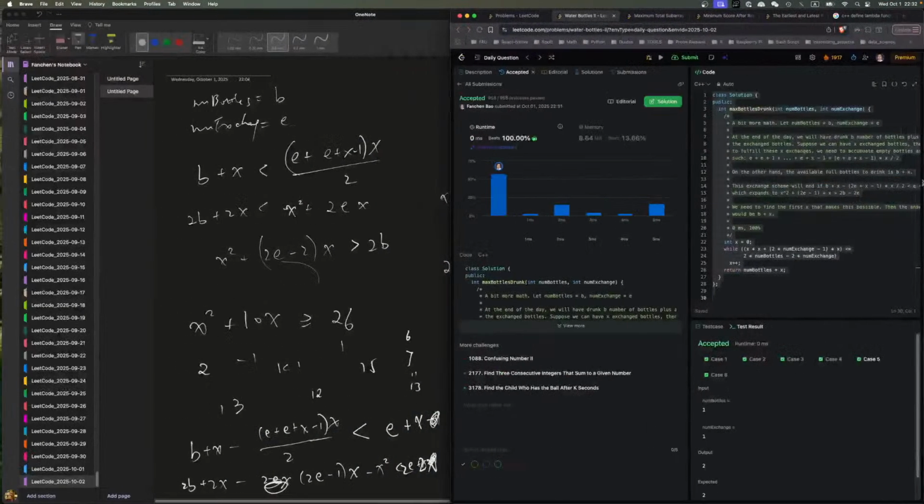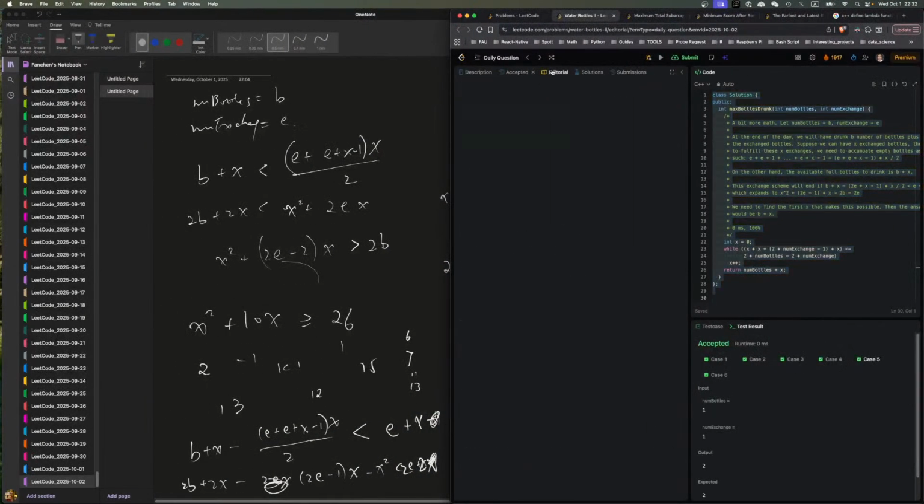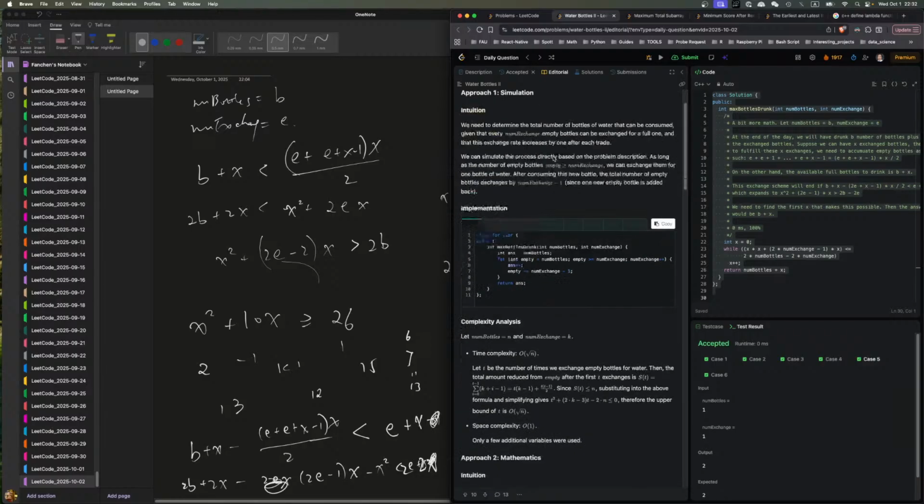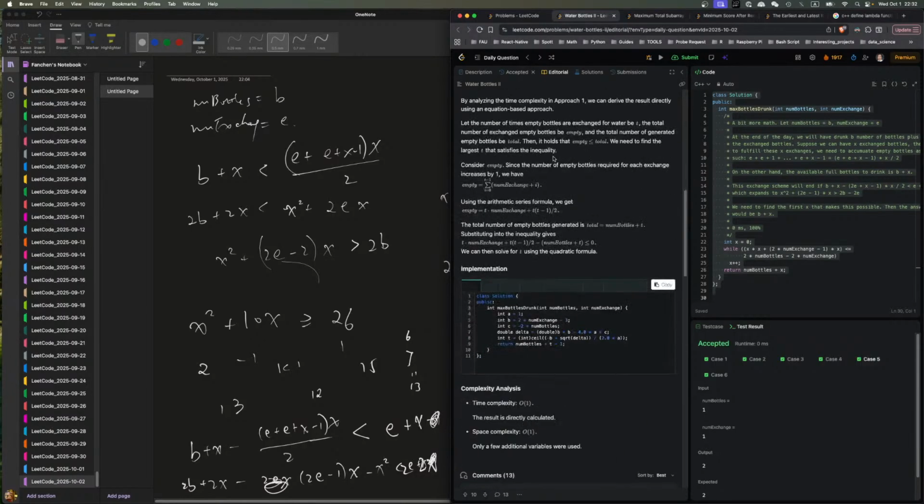Wow, that's actually quite interesting. The mathematical solution. Simulation is exactly what needs to do. Mathematics. Oh, you can do a ceiling of this stuff.